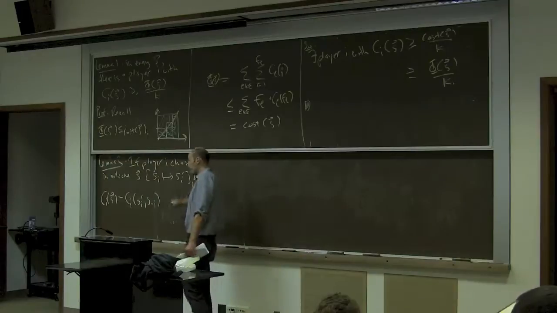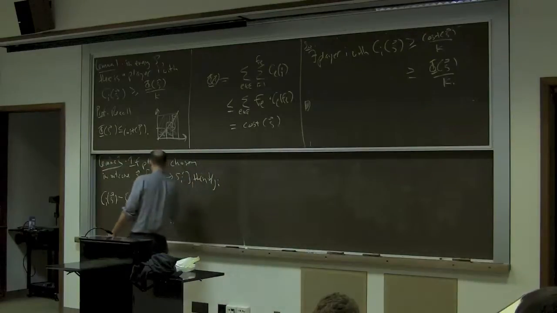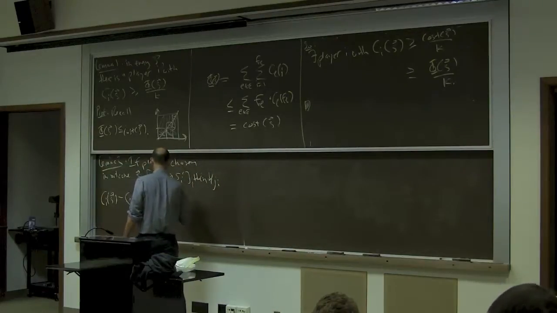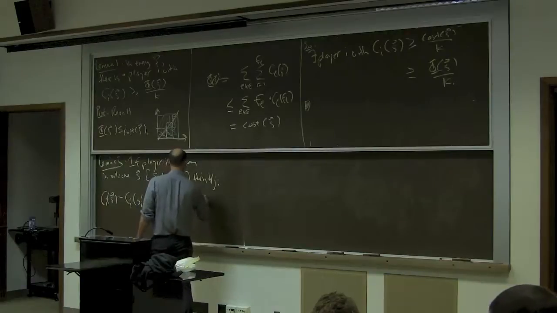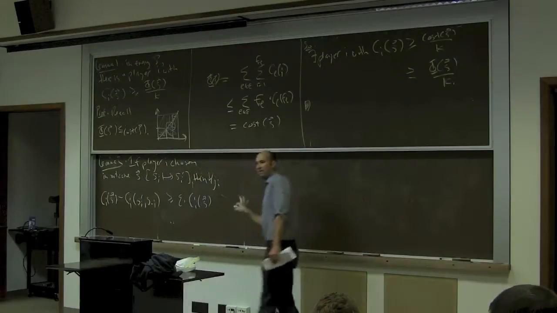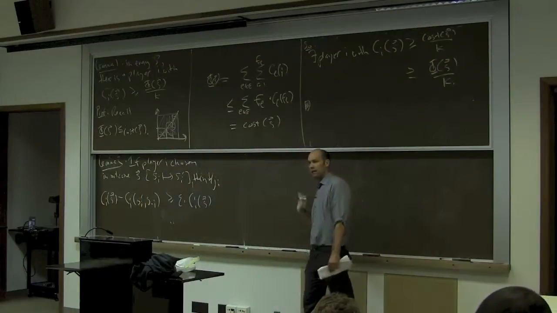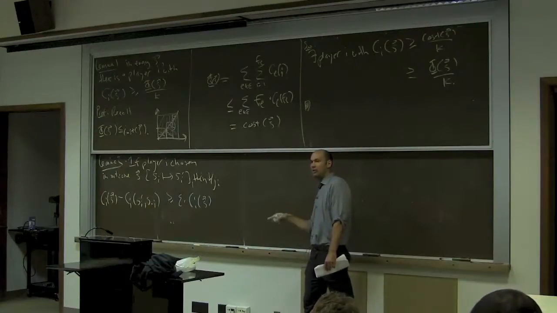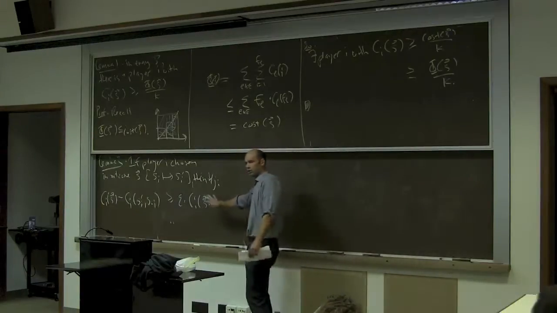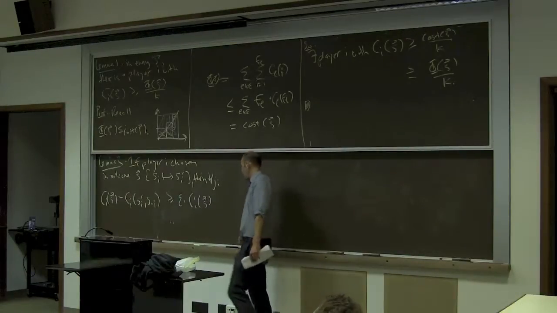So this is not going to be the lemma's statement, but just for comparison, this inequality is just the definition of it being an epsilon move. Okay? So you shaved your cost by at least an epsilon fraction of what it used to be. All right? So this is not the statement. This is just true for any epsilon move.